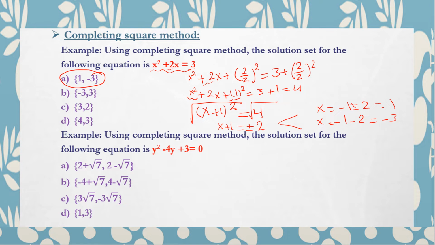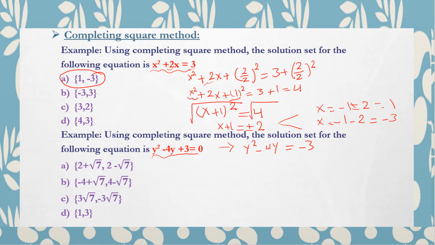Another example, by using the completing the square method, the solution set for the following equation is, again, we should put this equation into the form for completing the square, and this would be y squared minus 4y equals minus 3. We should put the constant term on the right-hand side of the equation.